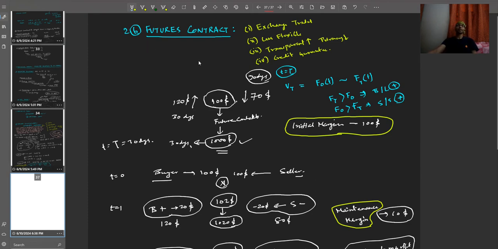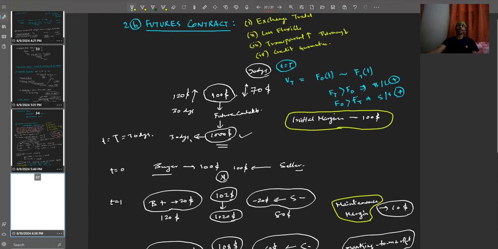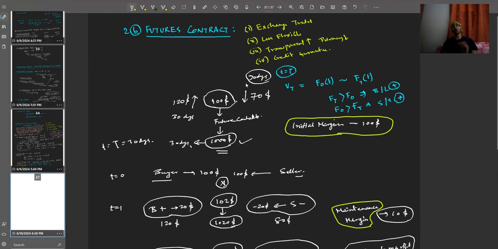How does the clearing house guarantee credit and how has it not failed? This is the point of contention, friends. So one way is it takes margins, right? It takes margins as security deposits.